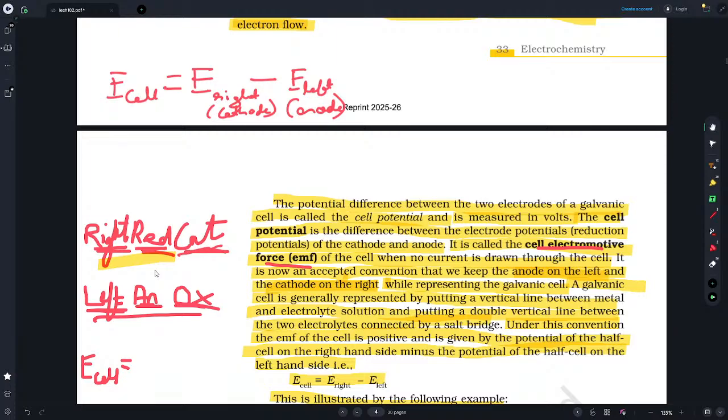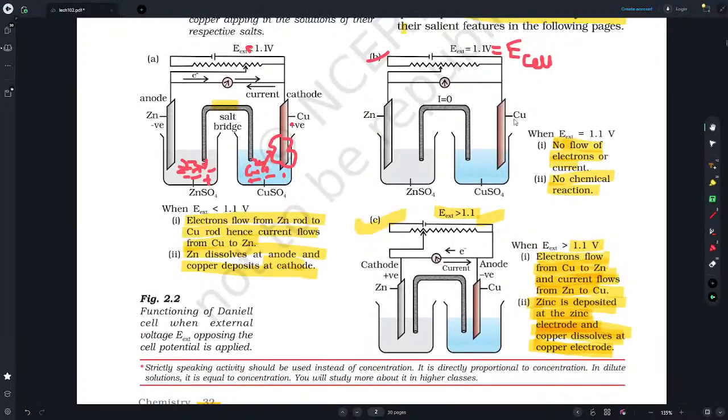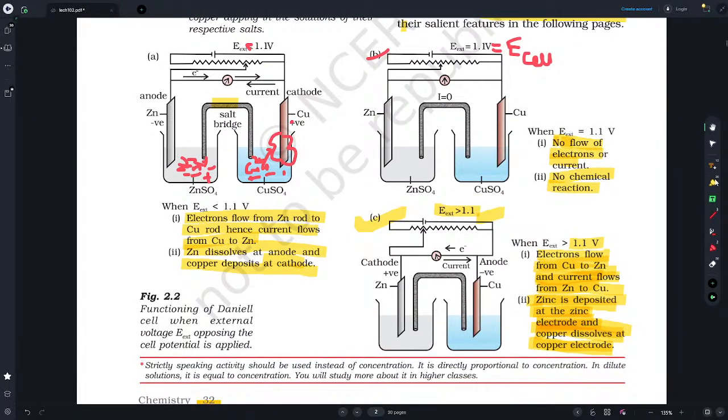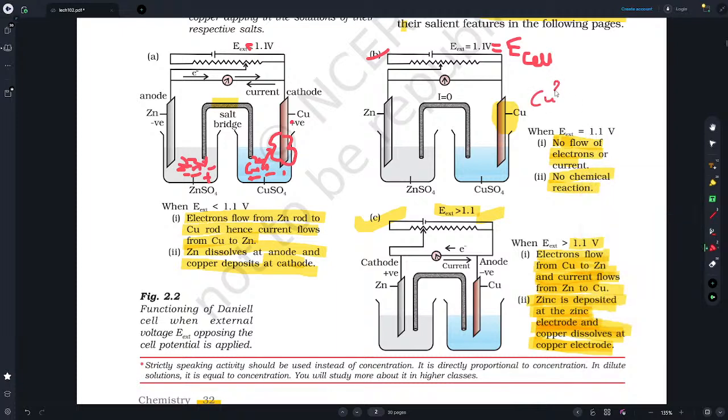In the Daniell cell, we see that the right side is copper. Copper undergoes reduction reaction. Copper ion Cu2 plus will accept electrons and be deposited on the copper, becoming Cu solid.